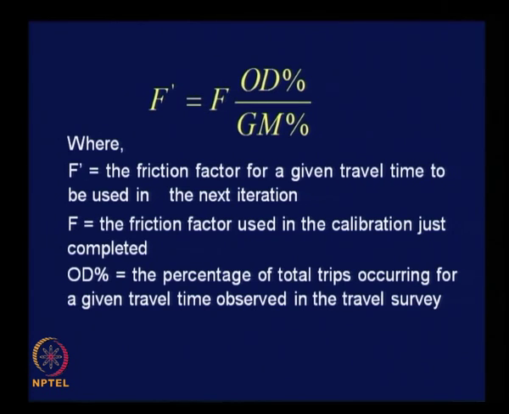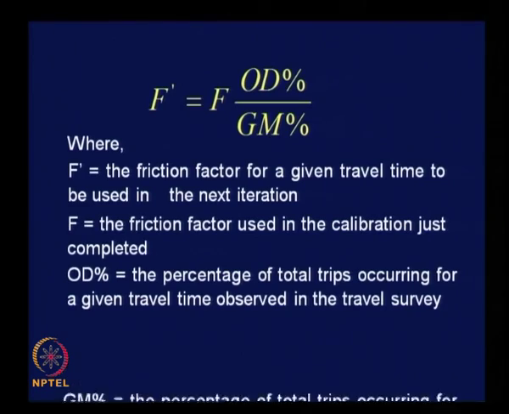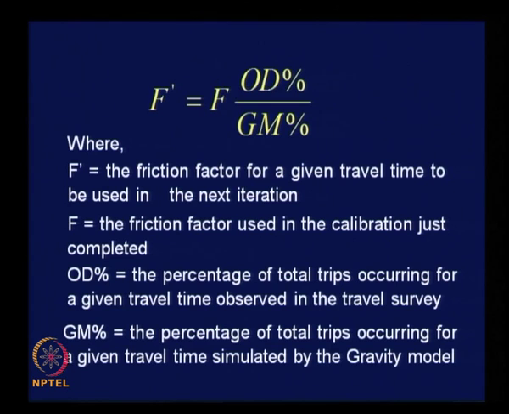OD% is nothing but the observed percentage of the frequency pertaining to a particular trip length, and GM% is the gravity model percentage you get from your gravity model application, the percentage of total trips occurring for a given travel time simulated by the gravity model.